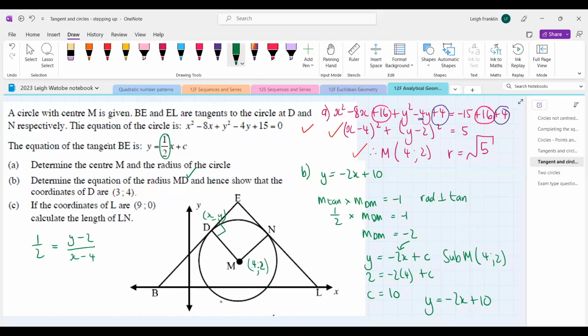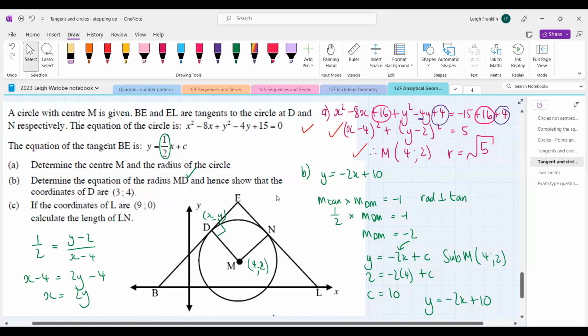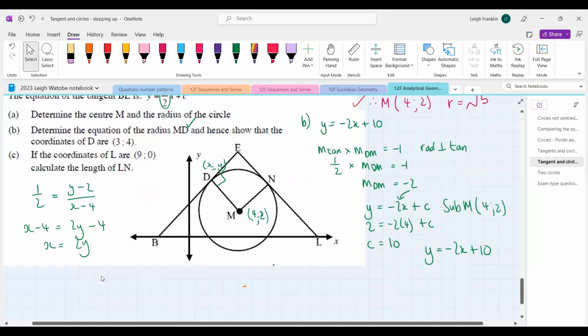Which if we now cross multiply, that would give us x minus 4 is equal to 2y minus 4. If I make x the subject of the formula, x would be equal to 2y. Did you do that?